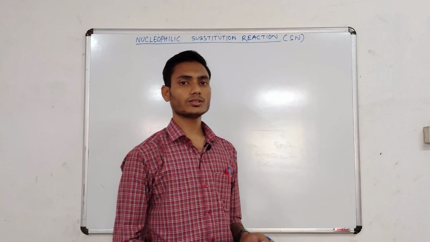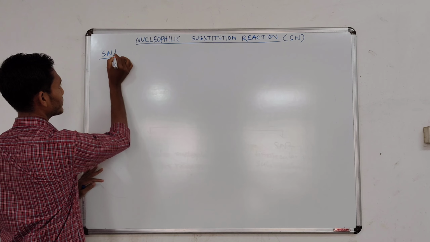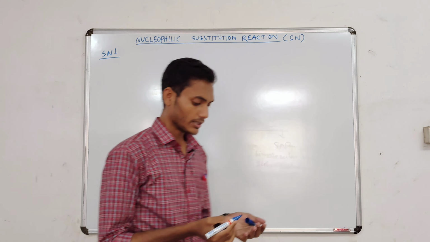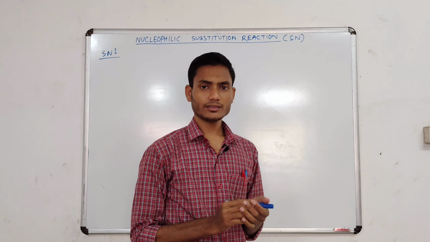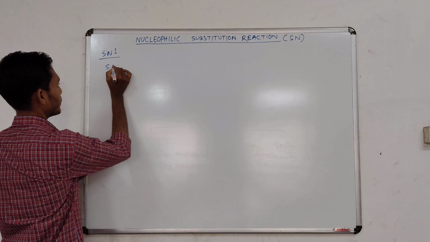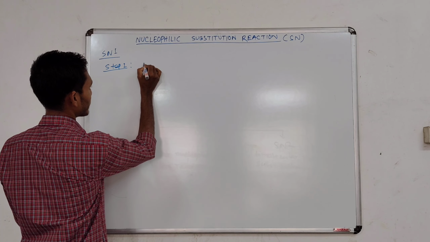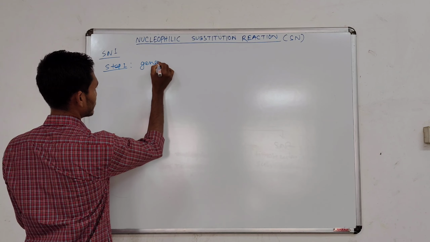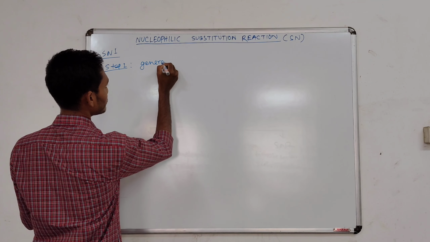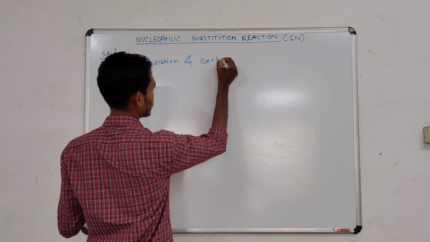Now we are going to discuss the SN1 reaction mechanism. SN1 reaction mechanism takes place in two steps. In step 1, that is generation of carbocation.